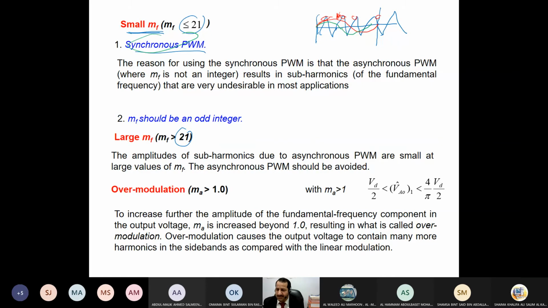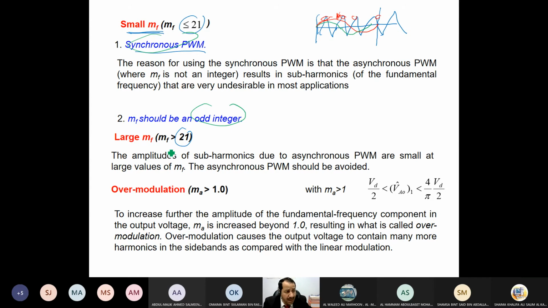Because if we know them as integer harmonics, we can easily design our filter to cancel them. As an example, I design it to cancel the third harmonic, the fifth harmonic, exactly for one. But with a fraction, it will be difficult to predict and difficult to cancel. Still, we need to make sure that odd harmonics are there, so as to cancel the even.